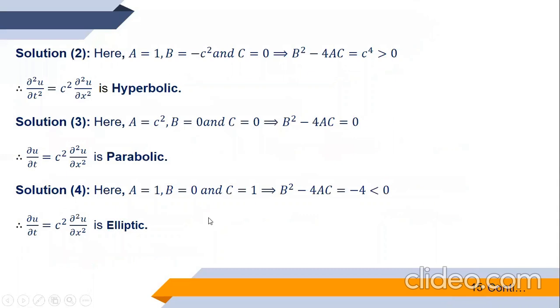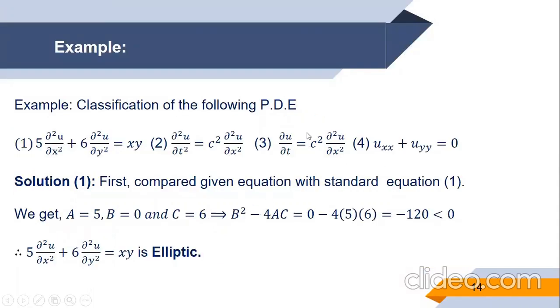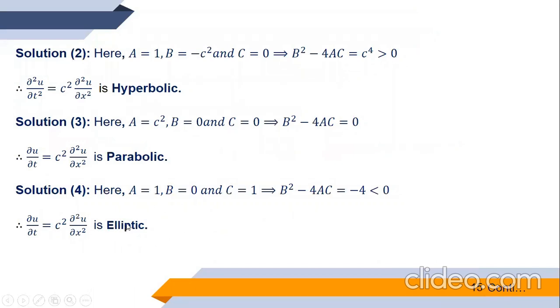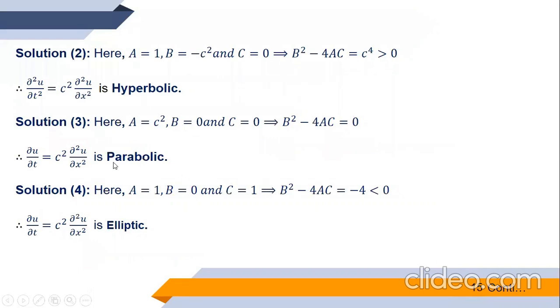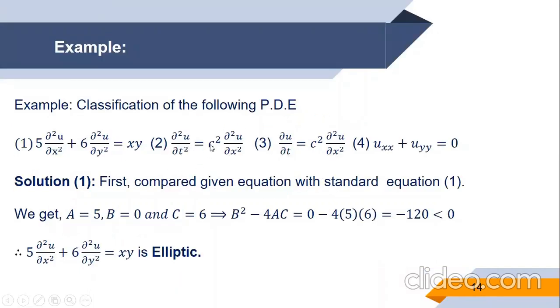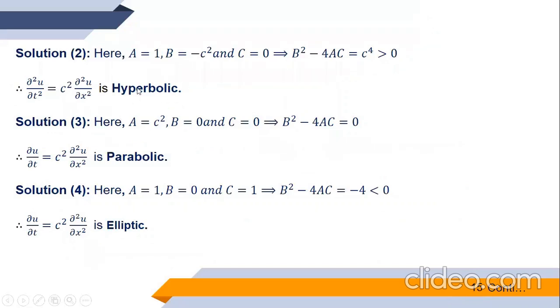Here I made a mistake: this is not a one dimension heat equation, this is the two dimension Laplace equation. So the two dimension Laplace equation is elliptic, the one dimension heat equation is parabolic, and the one dimension wave equation is hyperbolic.